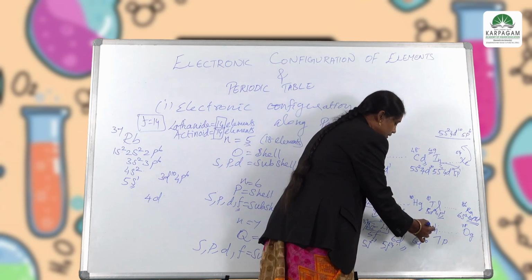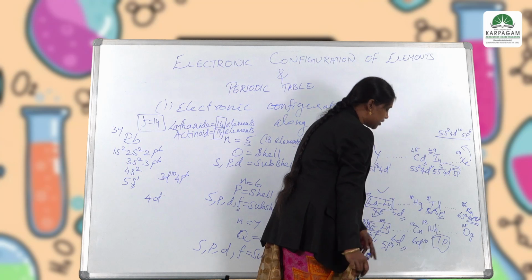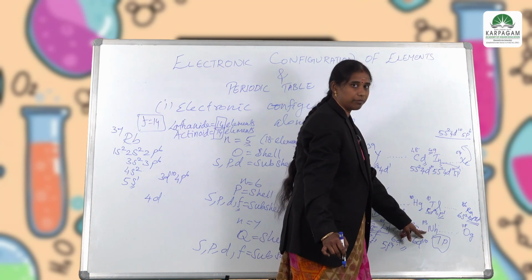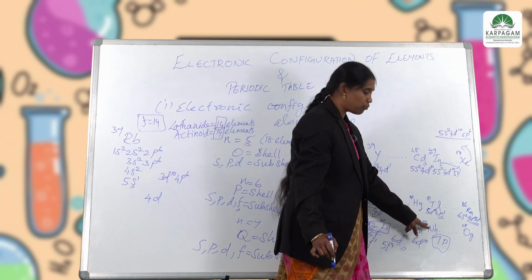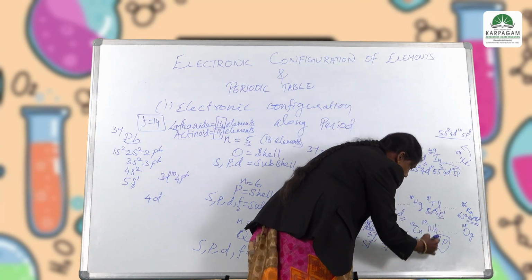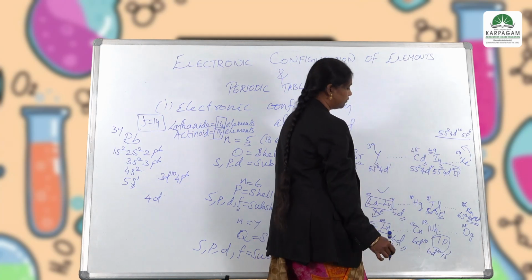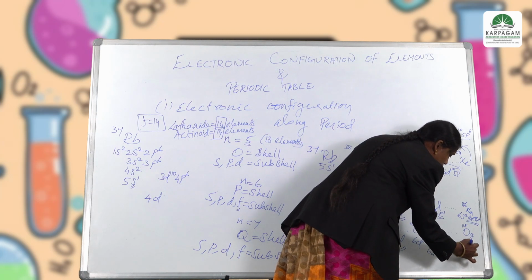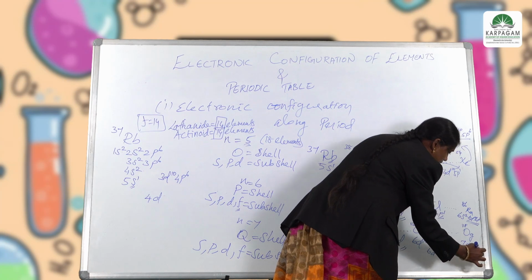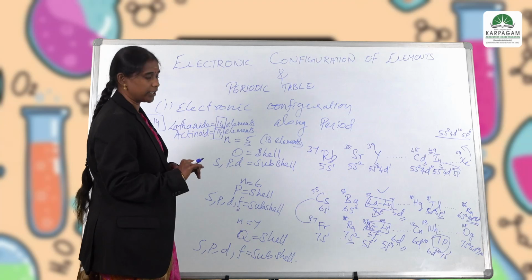And the p elements of the 7th period start at nihonium, the symbol is Nh and atomic number is 113, and its outermost configuration is 7s2 7p1. For oganesson we already know that it is 7s2, 6d10 and 7p6. That is the outermost electronic configuration.